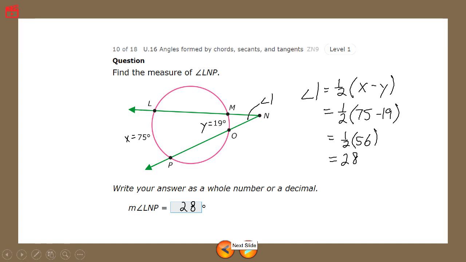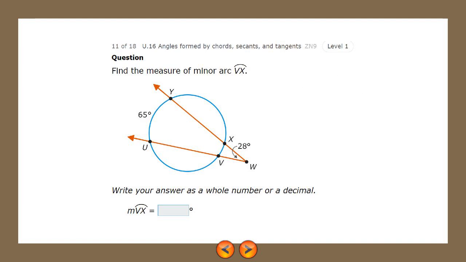See the same thing again. Same idea, just in a different situation. I see an angle outside the circle. So angle 1 is outside the circle.